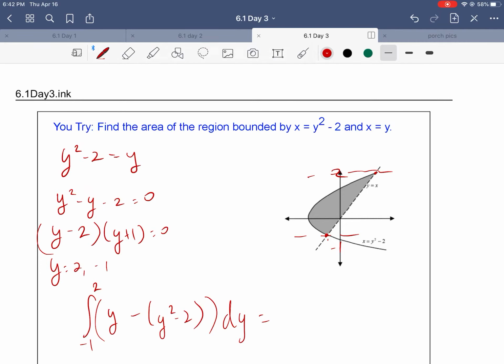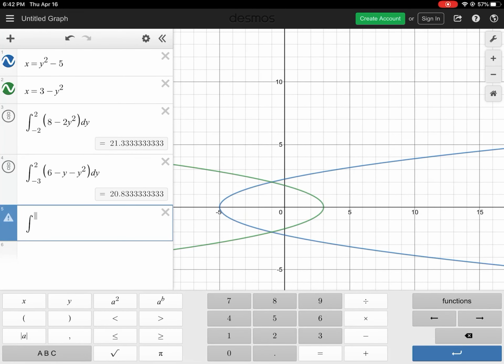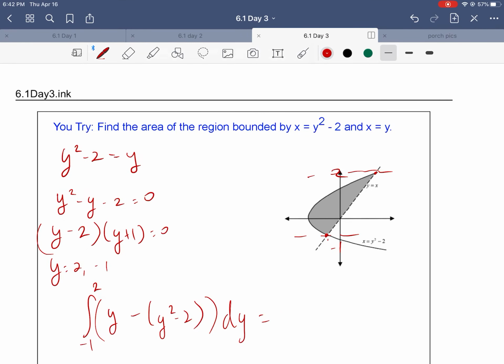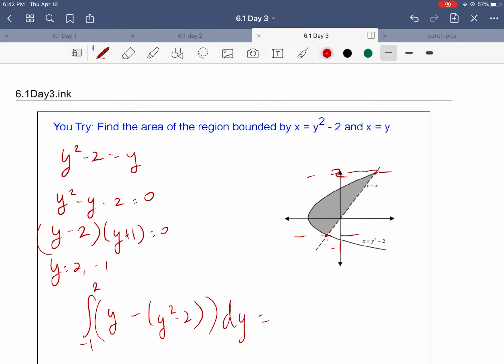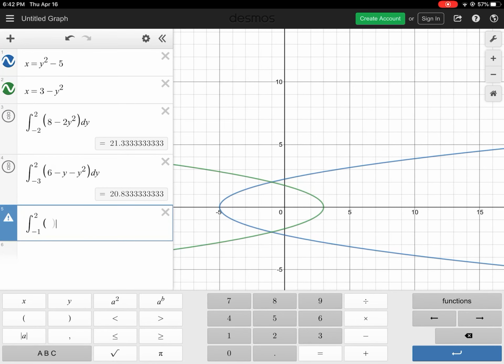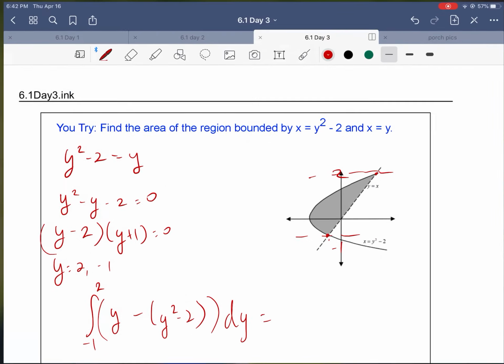Okay, so y minus y squared plus 2 inside that integral. -1 to 2, parenthesis, y minus y squared plus 2, parenthesis, dy. 4.5.